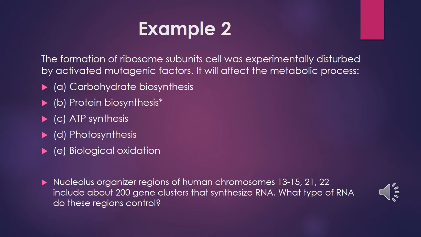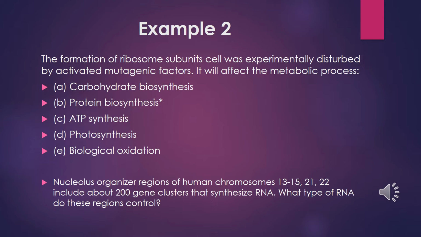Example 2. Questions about special organelles which provide protein synthesis. It may be questions about subunits in the cytoplasm, two-subunit organelles, or questions about formation of these subunits in the nucleolus, or about the nucleolus organizer present in chromosomes 13, 14, 15, 21, and 22, special regions in the chromosomes which provide synthesis of rRNA, ribosomal RNA.